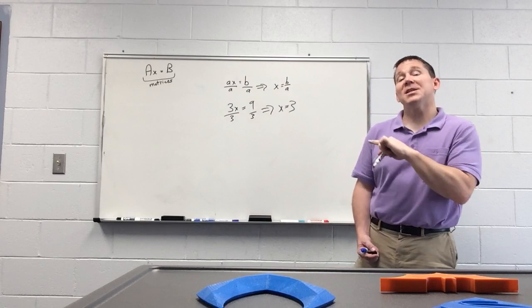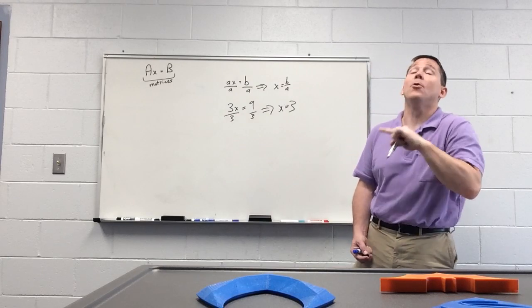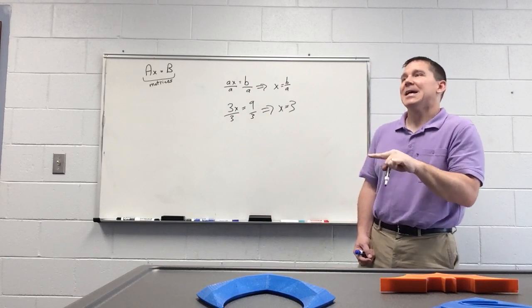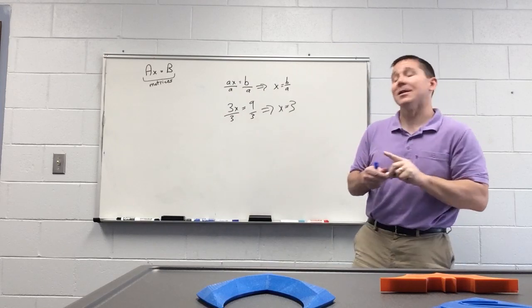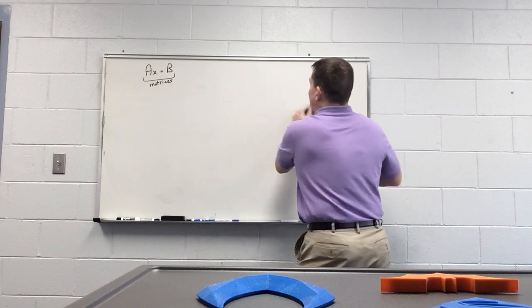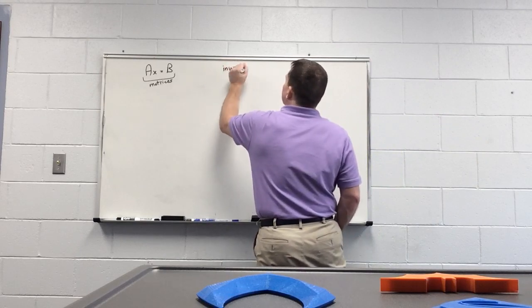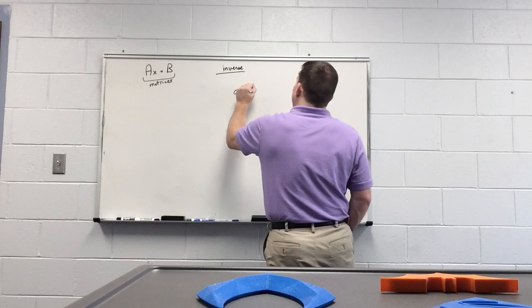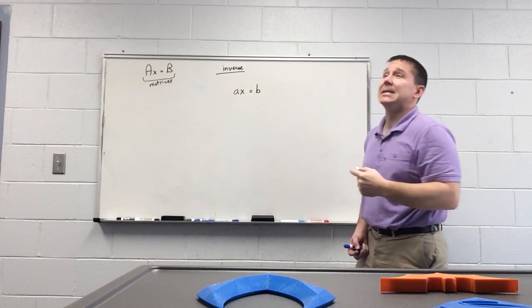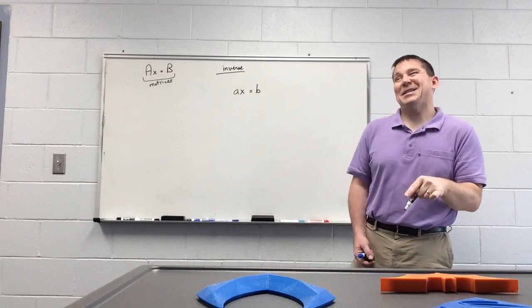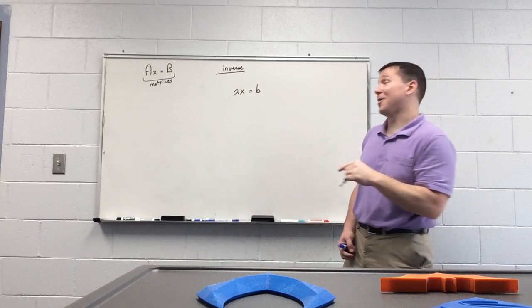The problem is there is another algebraic way of looking at this, a more general way that encapsulates all of this. And it's what's called the idea of an inverse. Meaning, if I have ax equals b, I don't actually divide by a to solve that.